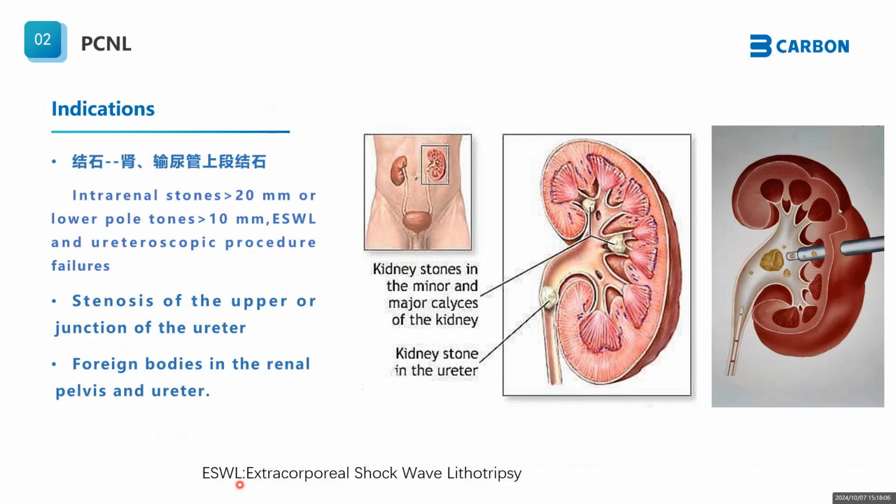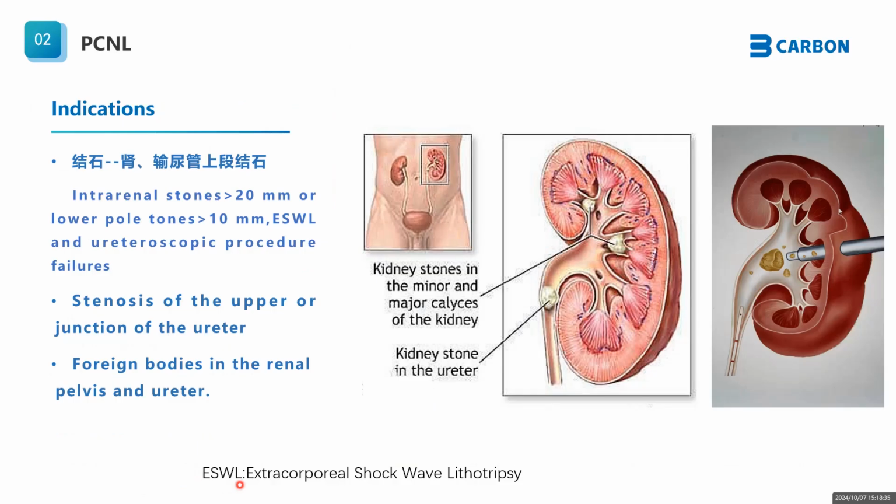The first one is intrarenal stones more than 2 centimeters, or lower pole stones more than 1 centimeter. Then ESWL or ureteroscopic procedure failures, we can also consider PCNL. Okay, the second is stenosis.